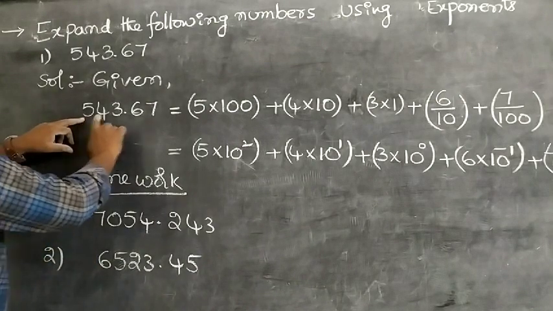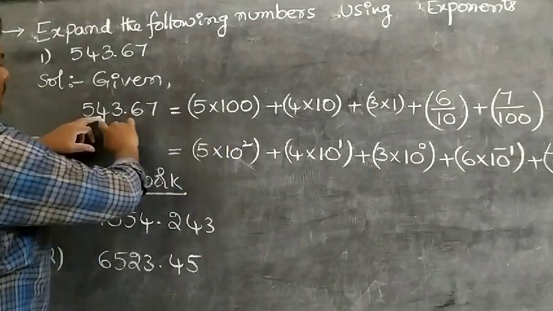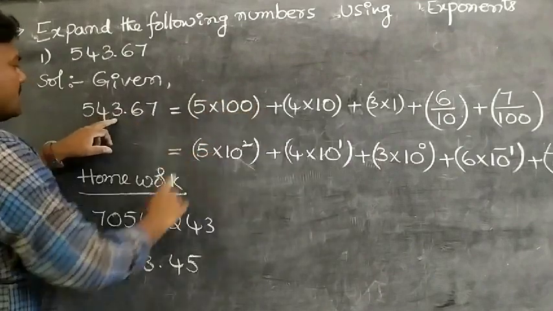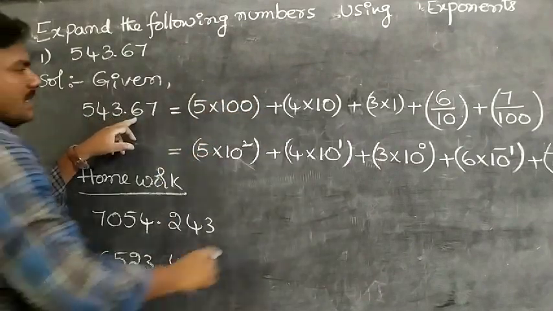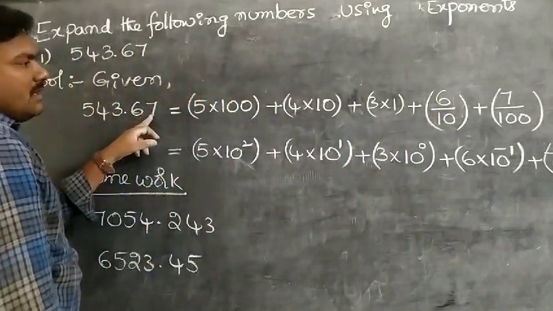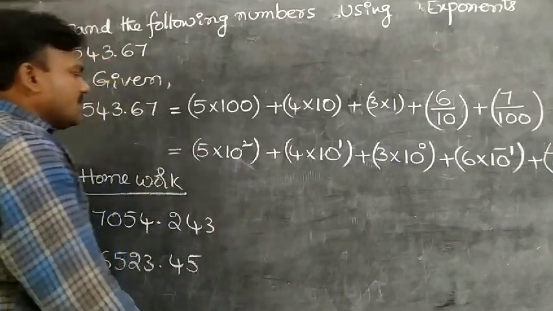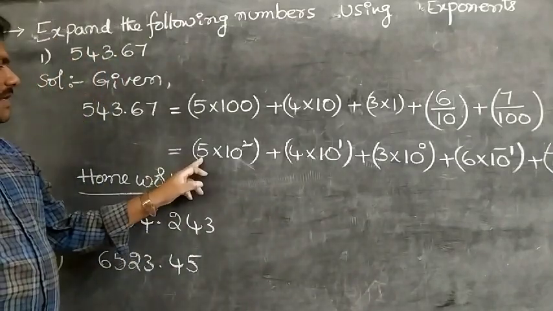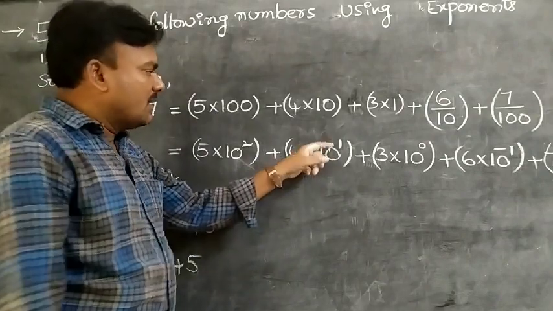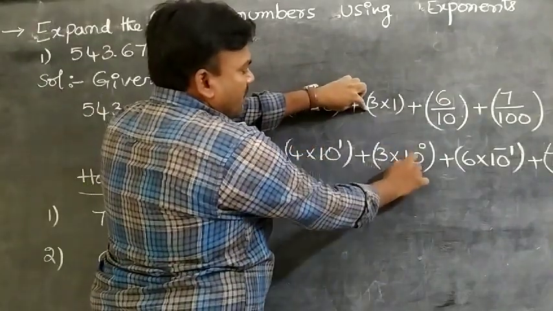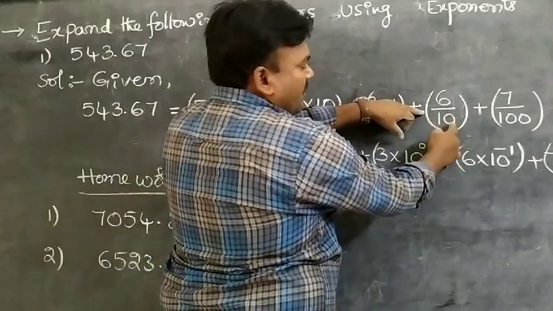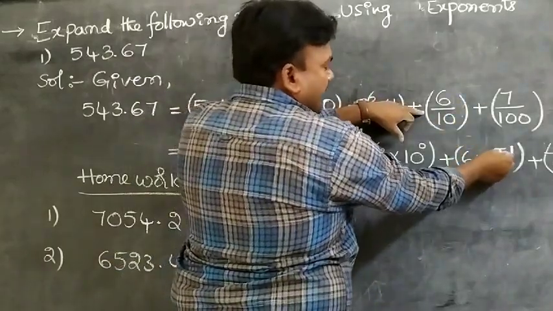So that is 5 into 100 plus 4 into 10 plus 3 into 1 plus 0.6 can be expressed as 6 by 10 plus 7 by 100, which implies 5 into 100 means 10 square plus 4 into 10 power 1 plus 3 into 10 power 0 plus 6, the denominator value we can express in the numerator.